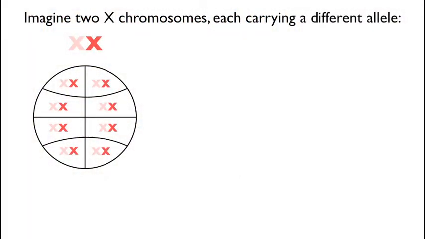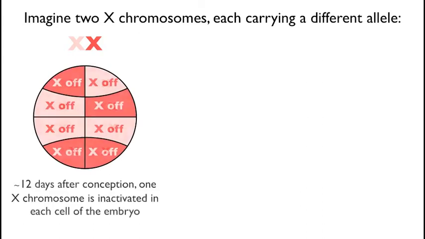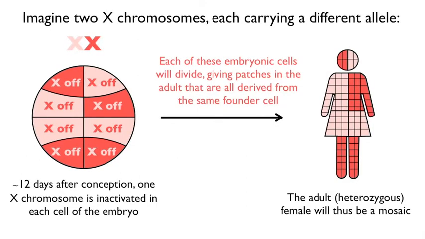Because each individual cell in that 100 cell stage embryo will give rise to cells in the adult organism that are next to each other, in that 12-day-old embryo there is random inactivation in all the various cells, which means that the embryo becomes a mosaic.